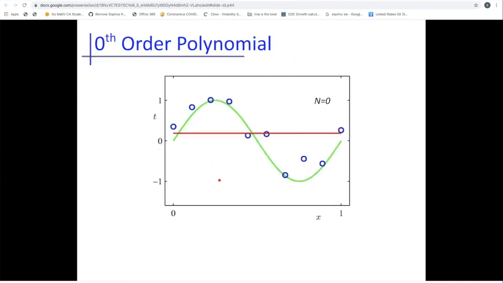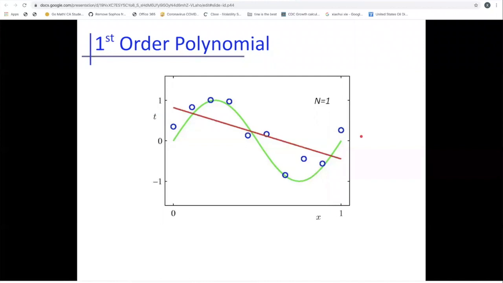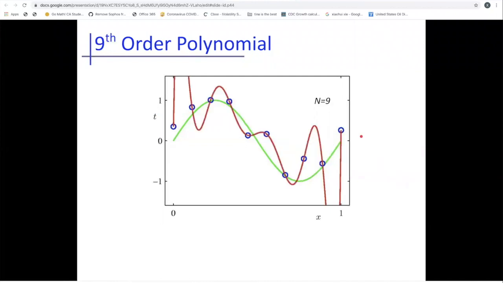So the motivation for this, again, is within the context of the polynomial function fit to this regression problem here. Suppose there's a real line here. Now if you use a zero order polynomial, you get a constant here, and then a first order, and third order, and the ninth order here. You can clearly see that for the ninth order polynomial, the model is too complex for the data set you have here.